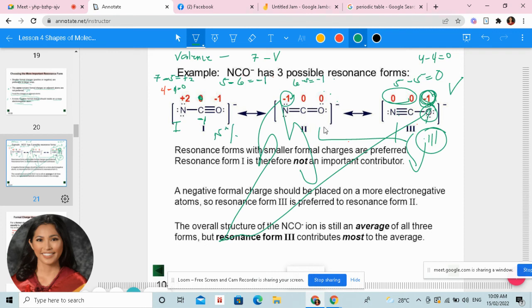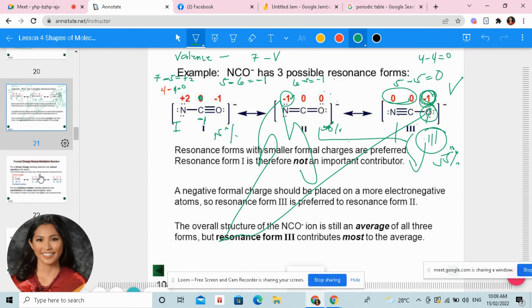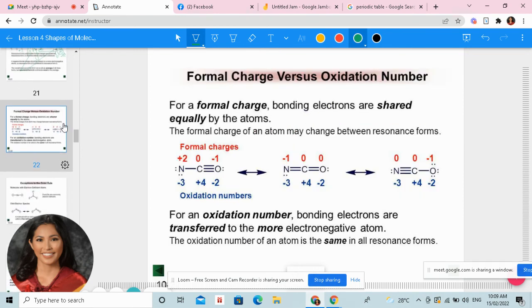Now here also maybe 30%. Then this one has contributed maybe 55%. Okay, so total of 100%.